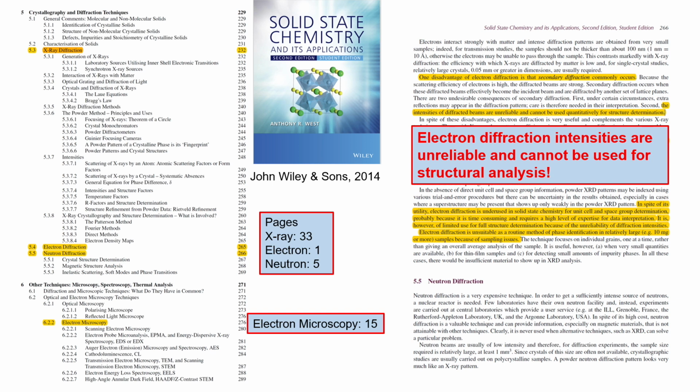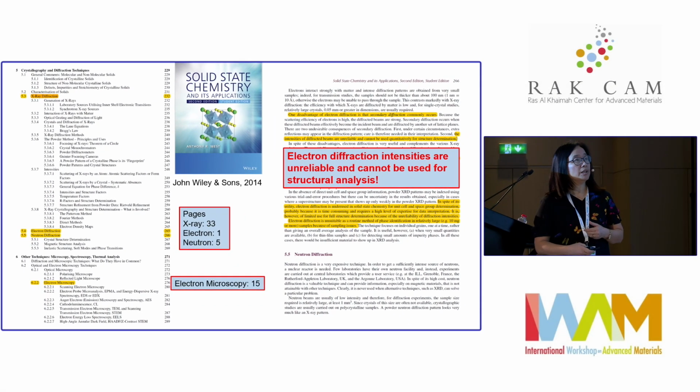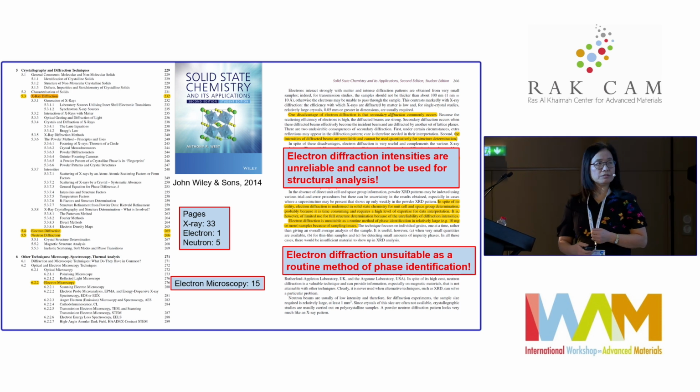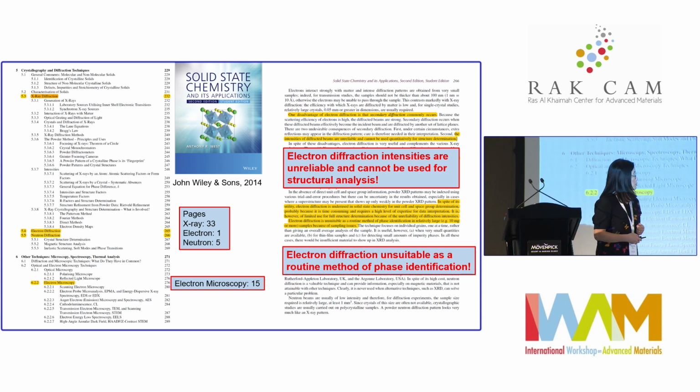So, compared with X-rays, neutrons, and electron microscopy, everybody thinks that electron diffraction intensities are not really useful. Another thing is that electron diffraction is also not useful as a routine method for phase identification, because you need expertise.